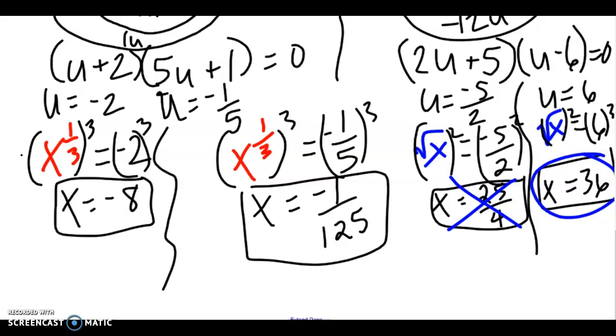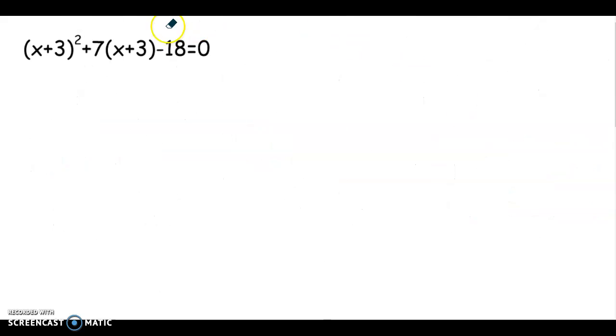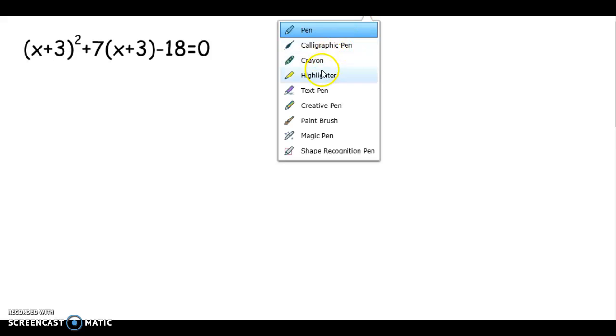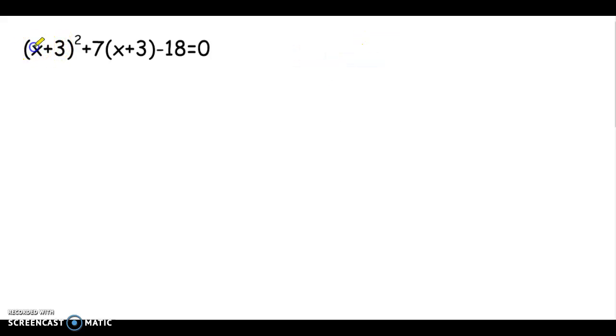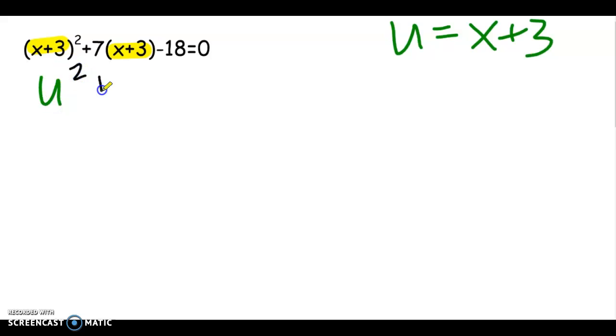All right, one more. I'm going to look at this and I say, oh, wow, look. I've got x plus 3 in both of those things. So I'm going to say that this time my u equals x plus 3. So I'm going to get u squared plus 7u minus 18 equals 0.